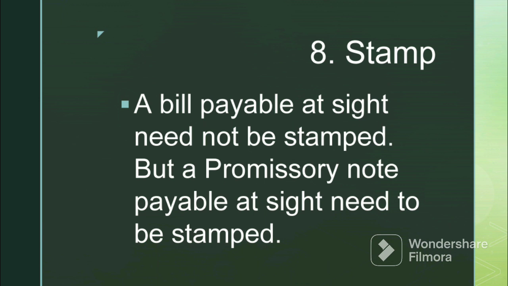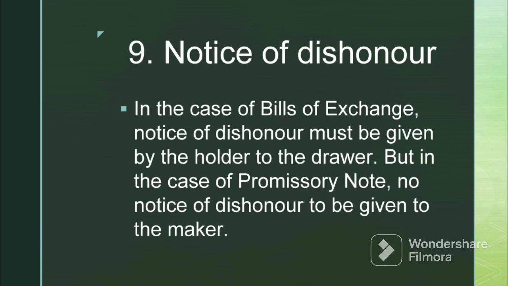to be stamped. In the case of bills of exchange, notice of dishonor must be given by the holder to the drawer and all previous endorsers in order to make them liable. But in the case of promissory note, no notice of dishonor need to be given to the maker.